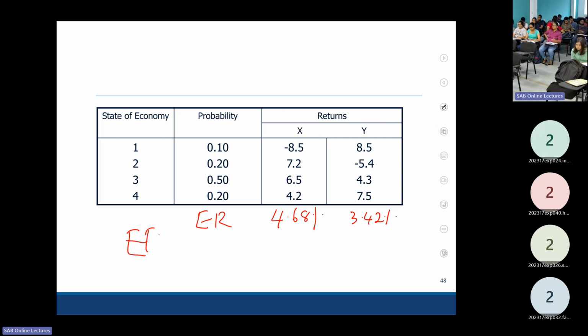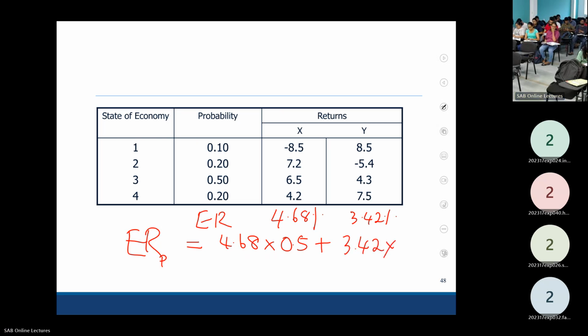Expected return of portfolio P is equal to expected return of stock X, 4.68, into its weight 0.5, plus expected return of stock Y, 3.42, into its weight 0.5. So get the total here, that is the portfolio expected return.